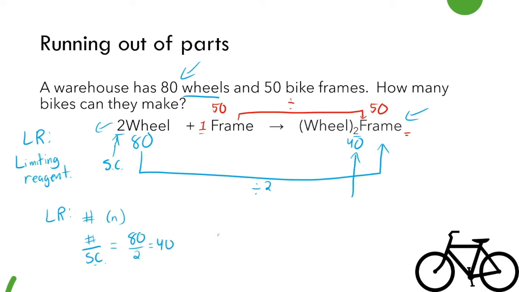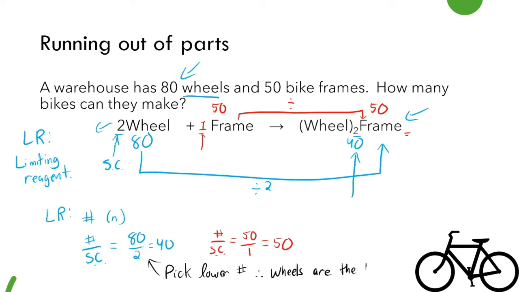For the frames, we can do the same thing. That would be 50 divided by 1. Remember, the stoichiometric coefficient is 1. And that gives us 50. To determine which is the limiting reagent, you pick the lower number once you've done that calculation, and we find, therefore, the wheels are the limiting reagent.